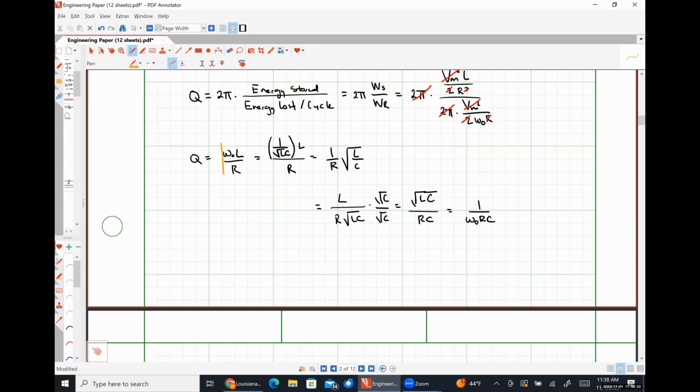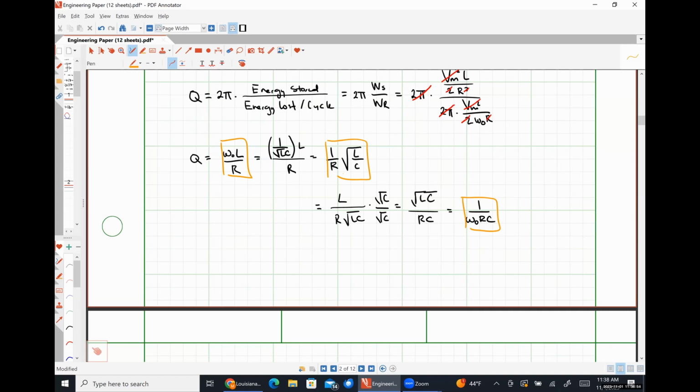Right? So here's one form where we need to know the inductance, the resistance, and the resonant frequency. Here's a second form where we need to know the resistance, the capacitance, and the resonant frequency. And here's a third form where we just need to know the component values and we don't need to know the resonant frequency at all.